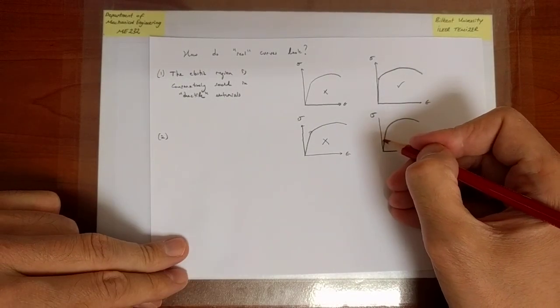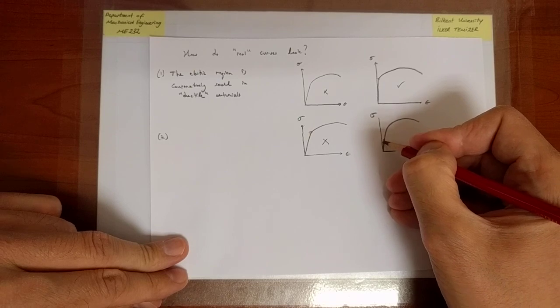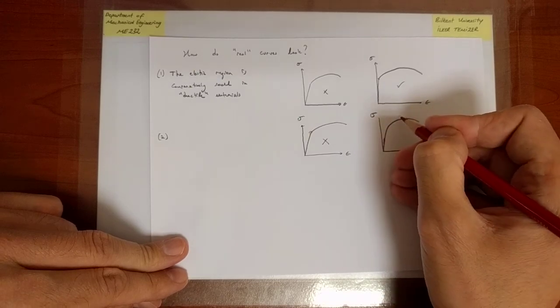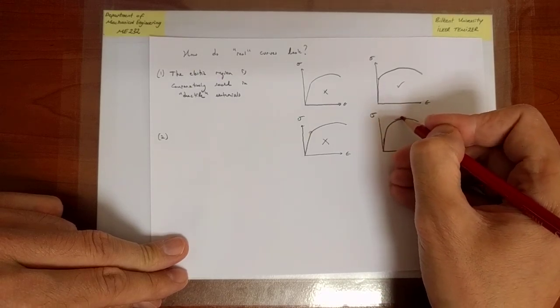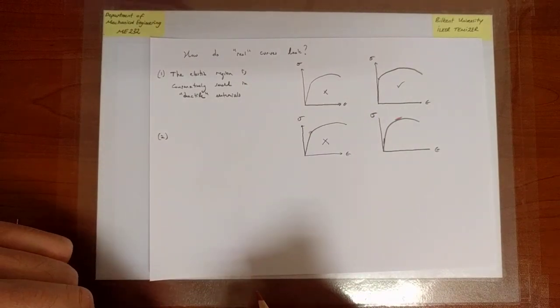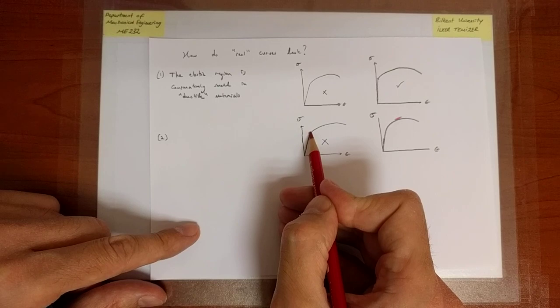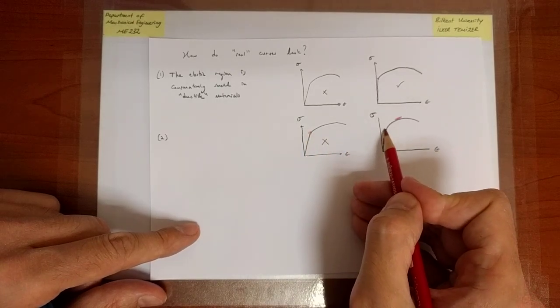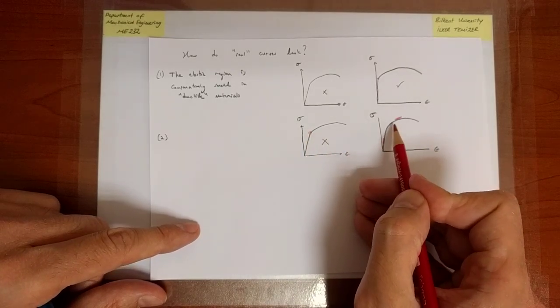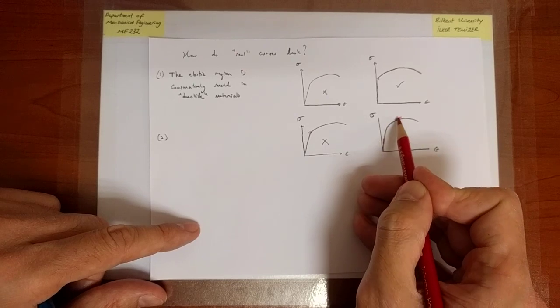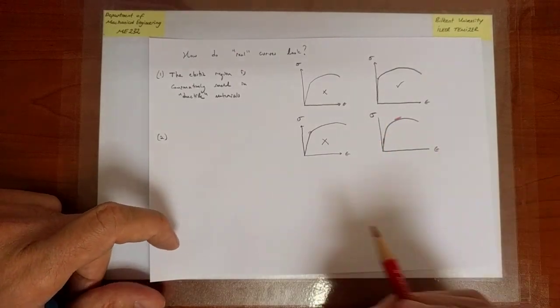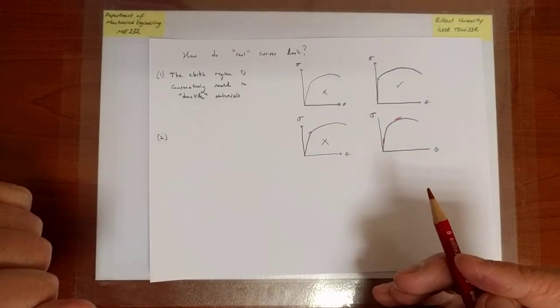So yes, in this region the curve is almost linear, and yes, in that region the slope of the curve has changed appreciably, but unlike the idealized version, in reality there really is no distinct point where the deviation from linearity to plastic region occurs. So in other words, you don't have a corner.